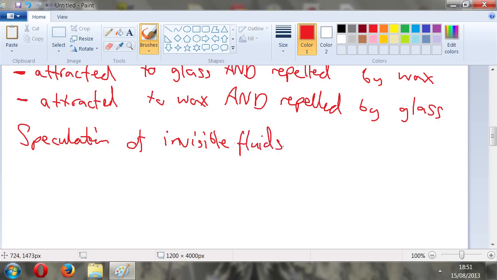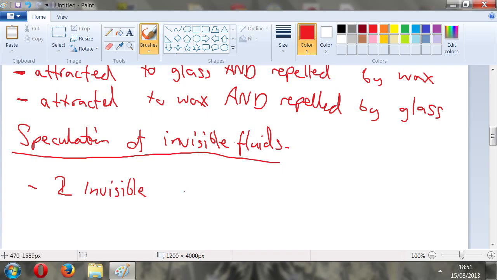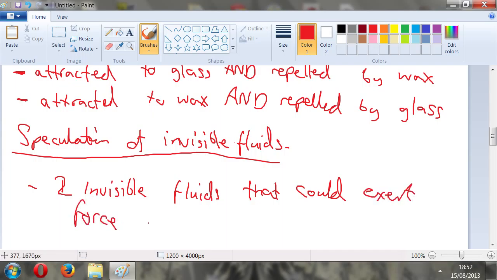Okay, so in very general terms, it was thought there were two invisible fluids that could exert force at a distance. So this was the initial speculation.